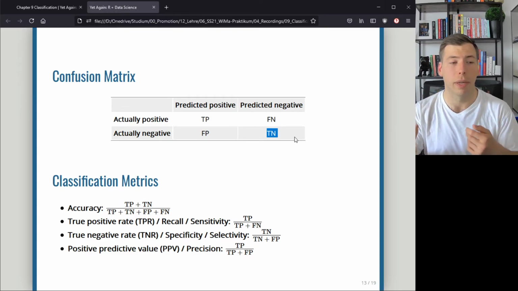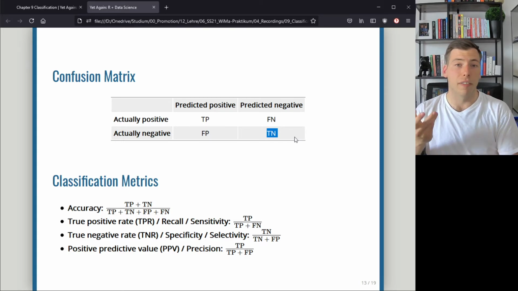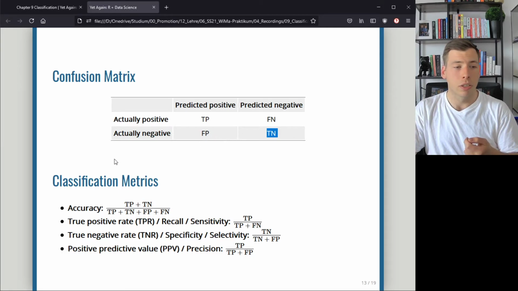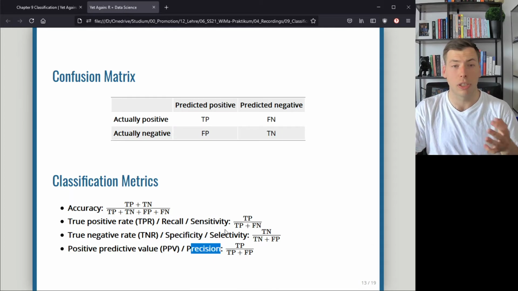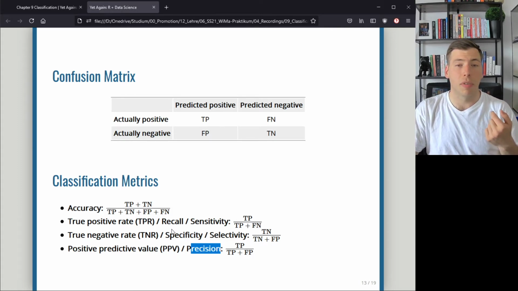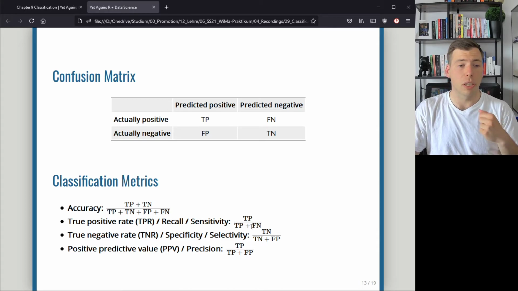Accuracy is prone to be highly affected by class imbalance, and this is why it's not enough to look only at accuracy. So this is why there are sensitivity, specificity, and for instance precision. There are way more than that, but these are the most common. Some of those have multiple names. For instance, sensitivity also goes by the name of recall and true positive rate, and the formulas are given here.